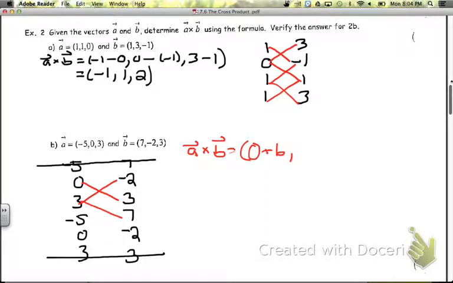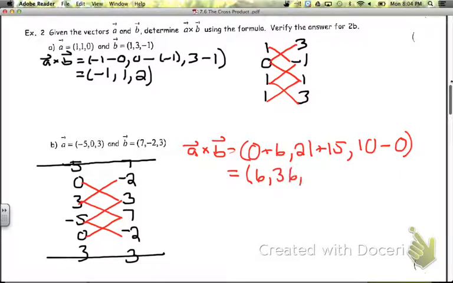Then 3 times 7, so 21, minus negative 5 times 3, so plus 15. And then negative 5 times negative 2, so 10, minus 0 times 7, so minus 0. So what we have there for our cross product is 6, 36, 10.